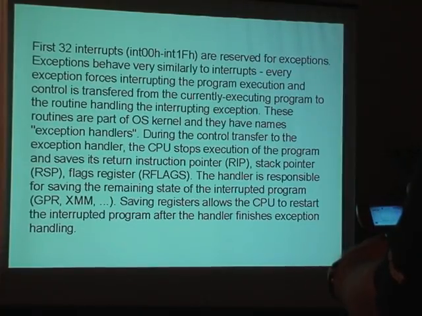Every exception interrupts the program execution, and control is given from the currently executing program to the routine handling the exception. These routines are part of the operating system kernel, and they are called exception handlers.